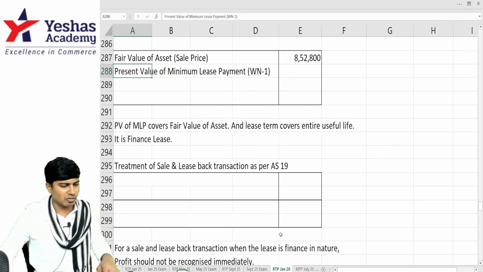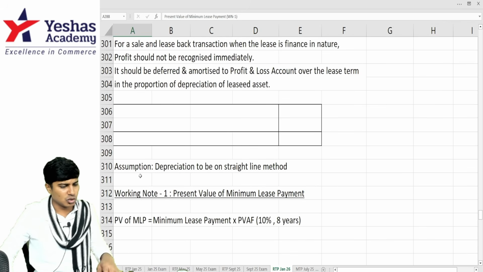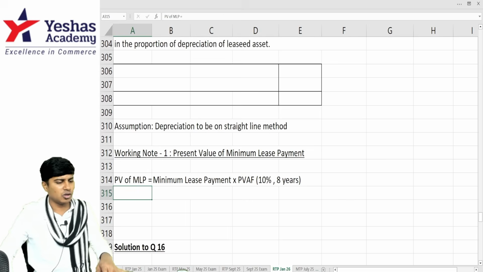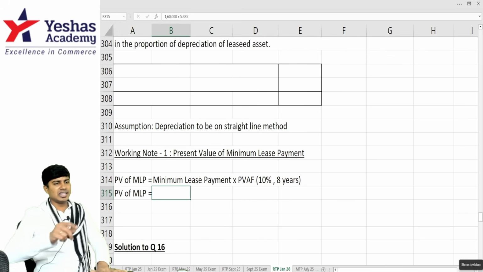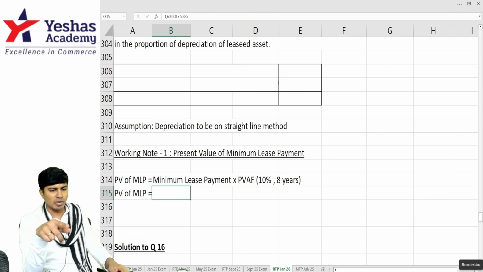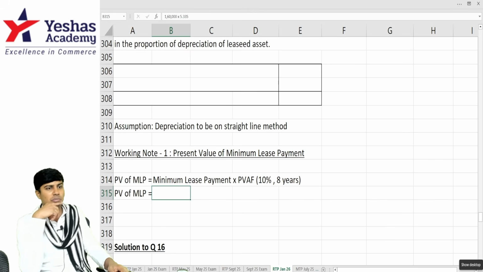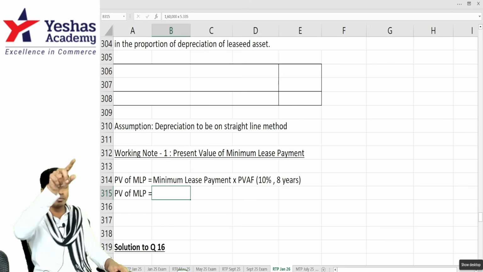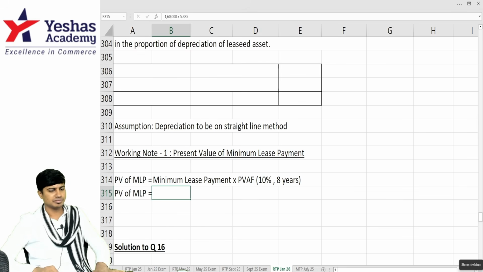For that, I need to do one working note. Let's do one working note identifying the present value of MLP. MLP lease payment is 1,60,000 multiplied by 1 by 1.1 to the power 8. 1 divided by 1.1, we do it 8 times.